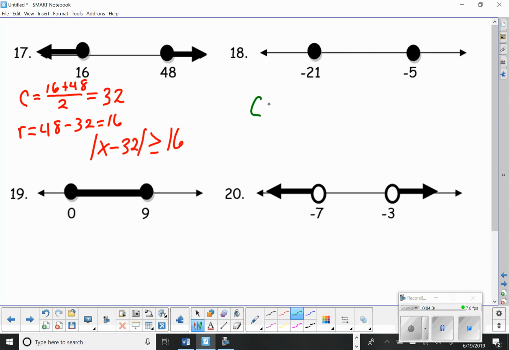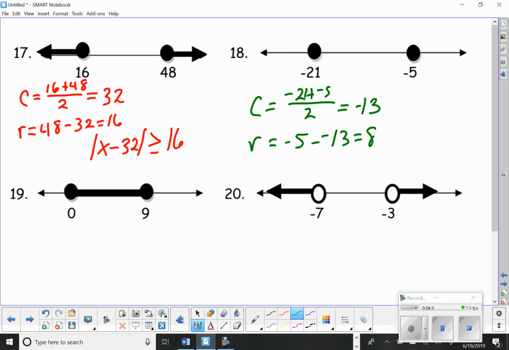Okay? Over here, this is an equals. So we have our center is equal to -21 plus -5, I was a little fast with that, divided by 2 is -13. Our distance is -5 minus -13. We wind up with 8.